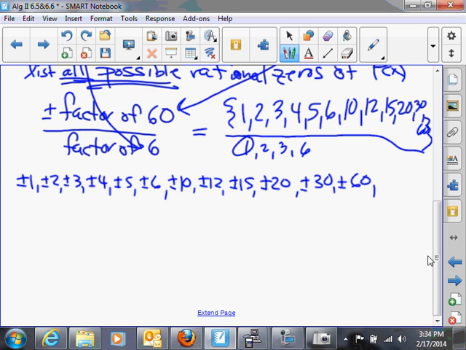Now we'll go back and we'll use 2, plus or minus 1/2. Now, I don't have to write plus or minus 2/2 because I've already written that as 1.